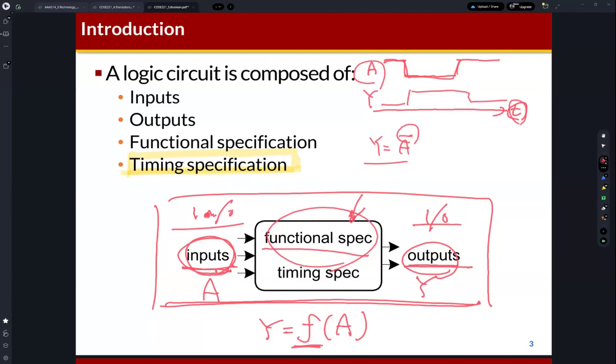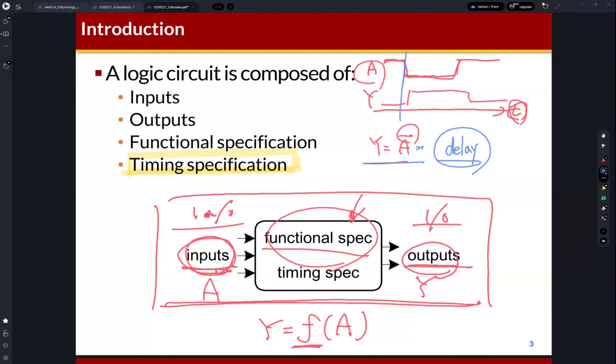We already know this equation, right? So the value of a is inverted. But in the real world, we can observe delay. So what does that mean?